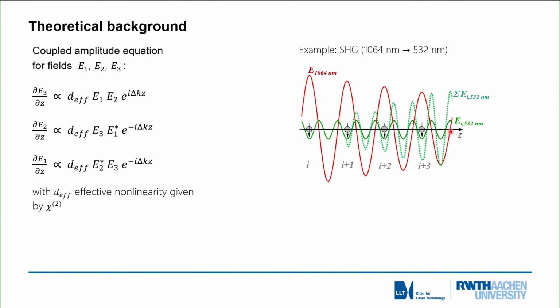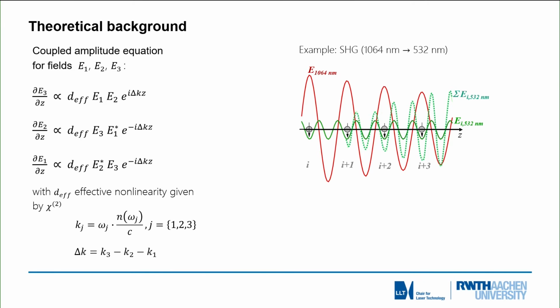The pump source will decline in intensity or electric field, and the resulting signal will increase in electric field strength over the length of the crystal. This will work best if the two waves are exactly in phase, so that the intensities locally add up and we can make the conversion with a high efficiency.